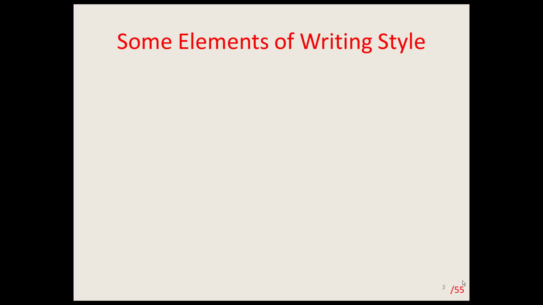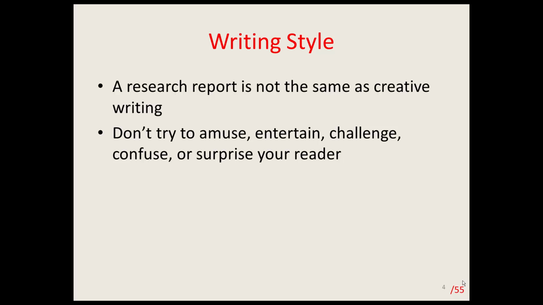We start with some basic elements of writing style. First thing you need to note is that a research report is not the same as creative writing. That means that you don't try to amuse or entertain or challenge or confuse or surprise your reader.